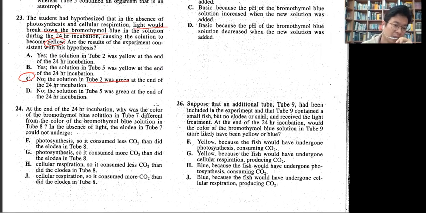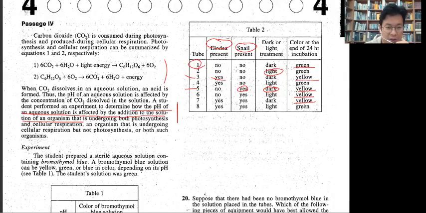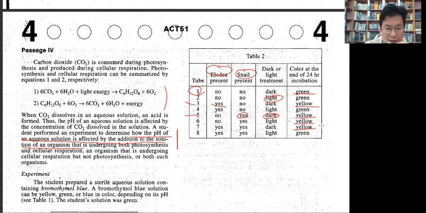And 24, at the end of the 24-hour incubation, why was the color of the bromothymol blue solution in tube 7 a different color from tube 8? Tube 8 has absence of light and Elodea, tube 7 does not undergo photosynthesis. Tube 7 and 8, yellow and green. Yes and yes, dark.